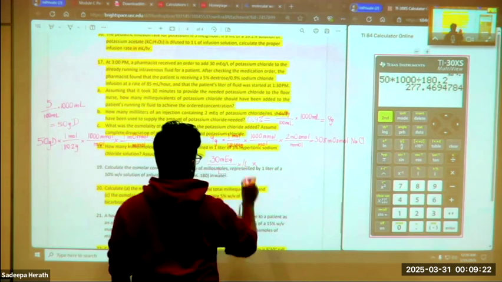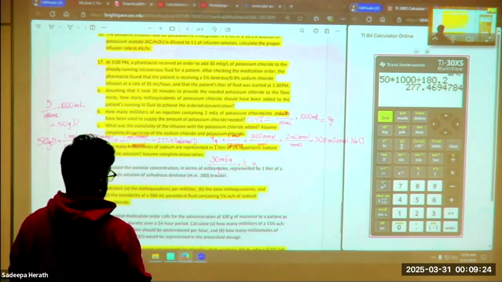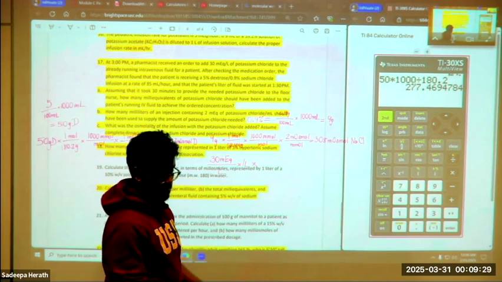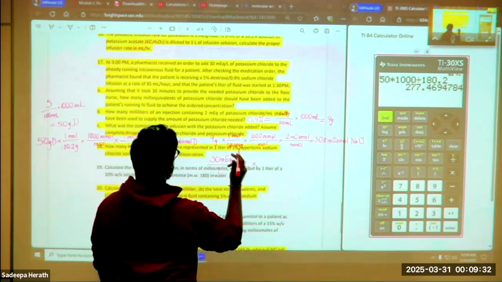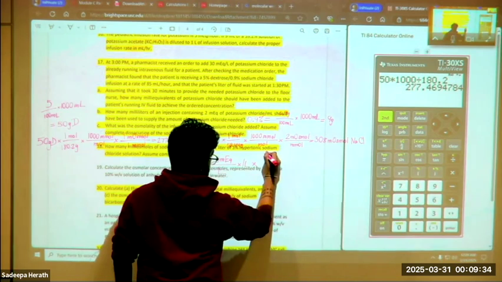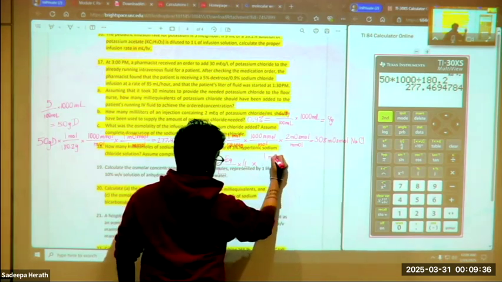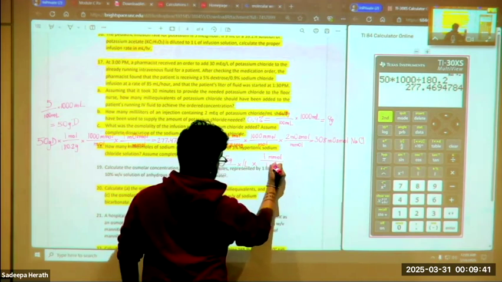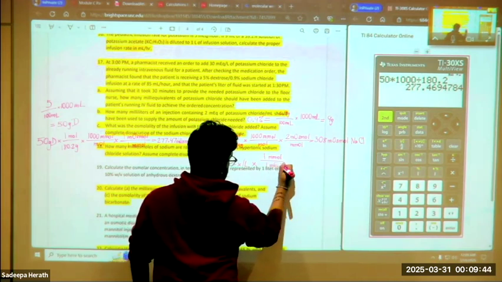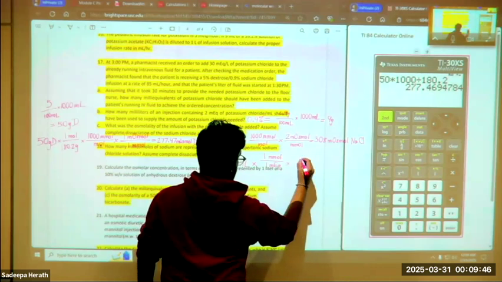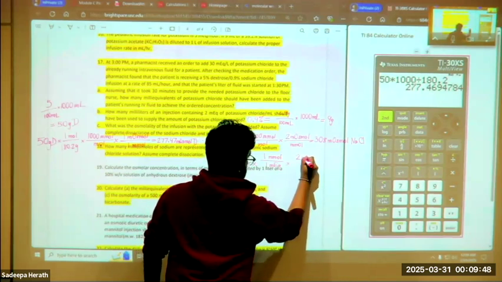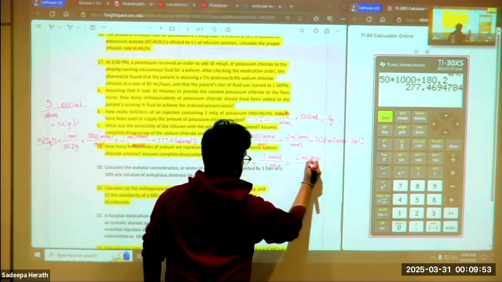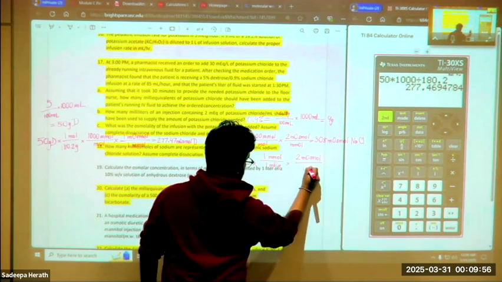Now we want to get milliosmoles, right? So we need to turn this back to millimoles and then go to milliosmoles. So for potassium chloride, for every millimole, there was 1 milliequivalent. But in terms of milliosmoles, there are 2 milliosmoles for every millimole.